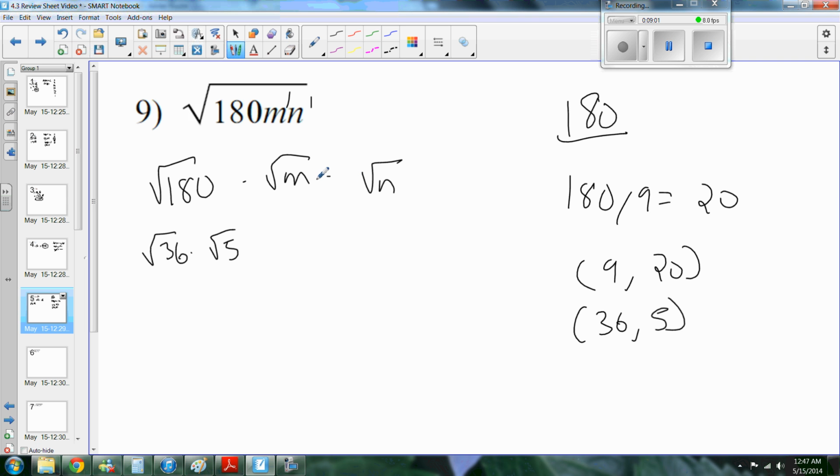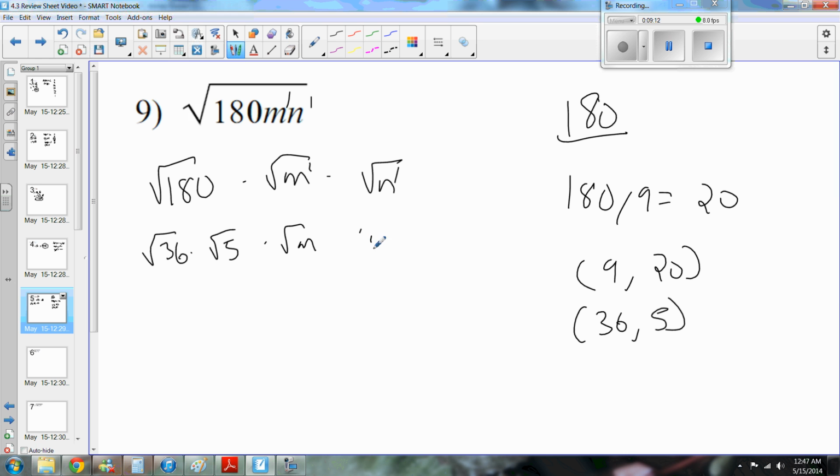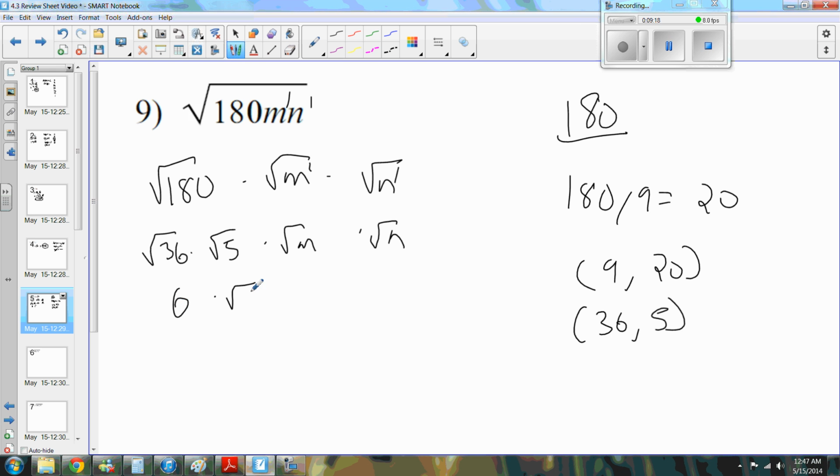So any variable in the radicand that has this exponent of 1 is fully simplified, we can't do anything to it. So these just carry through, root m times root n. Root 36 is simply 6, times root 5 times root m times root n.